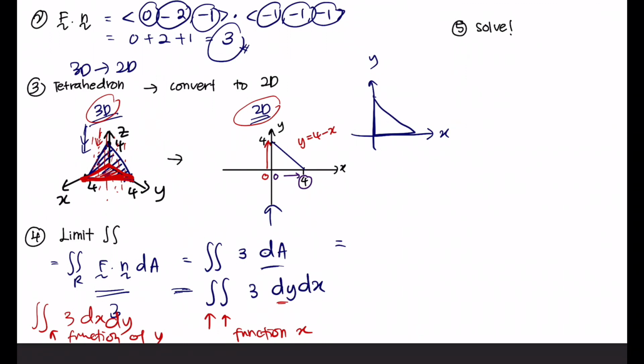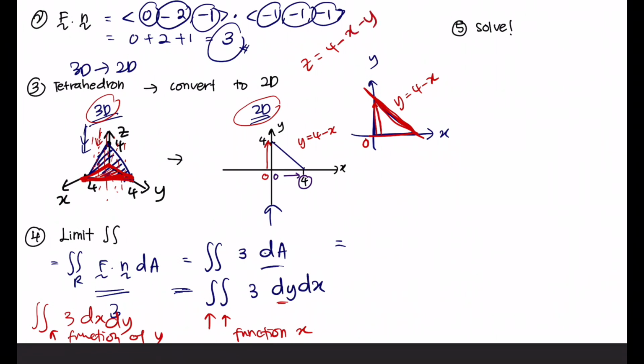So y starts from 0 to this line, y equals 4 minus x, because our surface is z equals 4 minus x minus y.